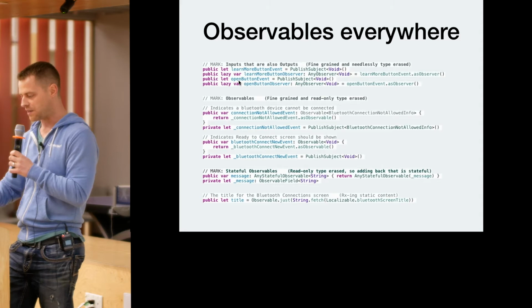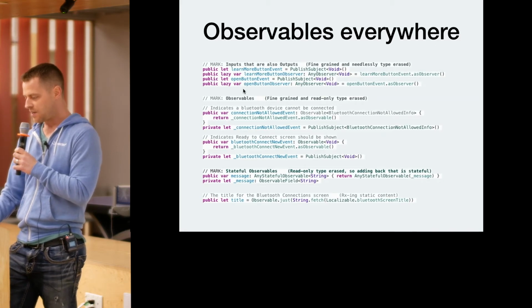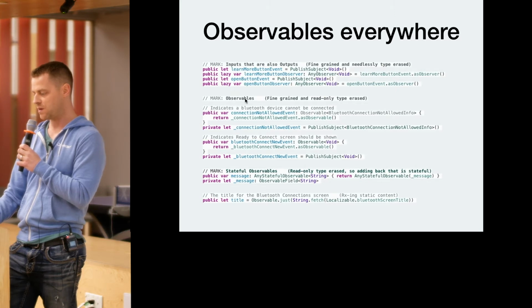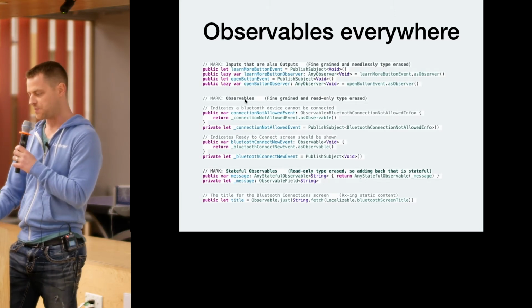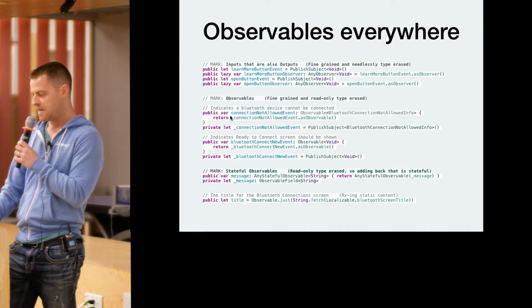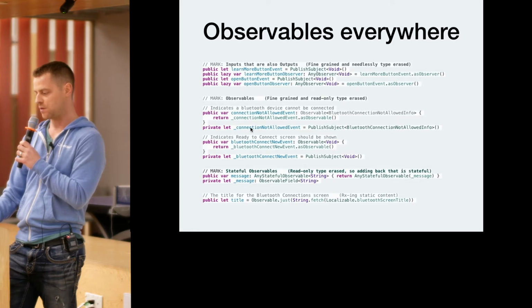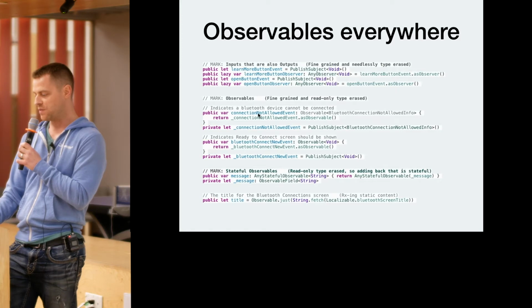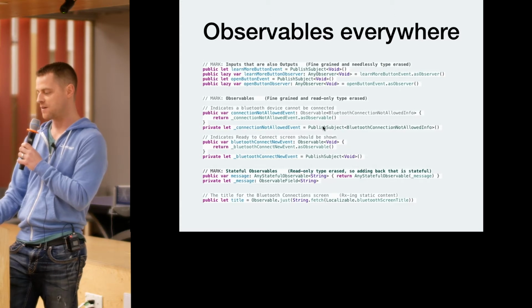Either are technically correct, but on a similar vein, so these were inputs and outputs. Now here's where I'm not disagreeing with this approach, it's heavy, is that we had things where our publishing, our writing was inside the view model. So we made it private, but we want to output those so somebody could listen to it. So then we create this observable and we hide that it was a published subject.